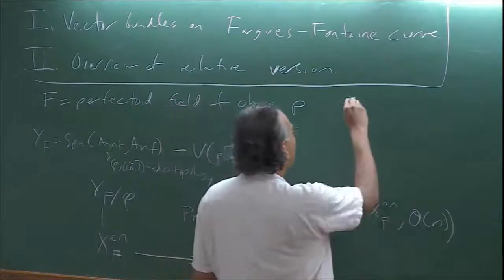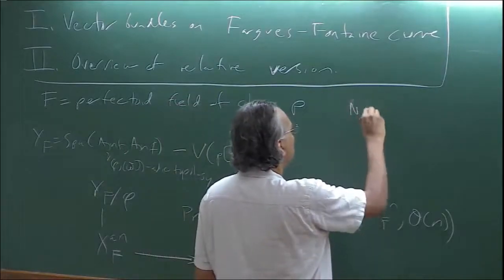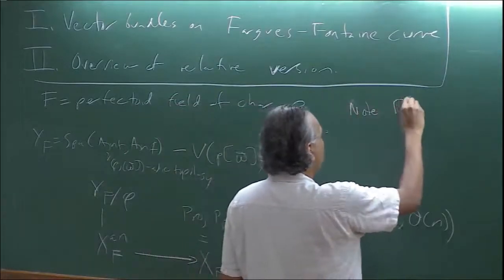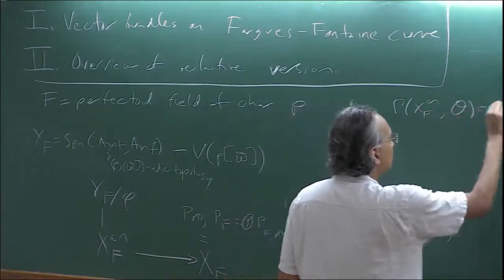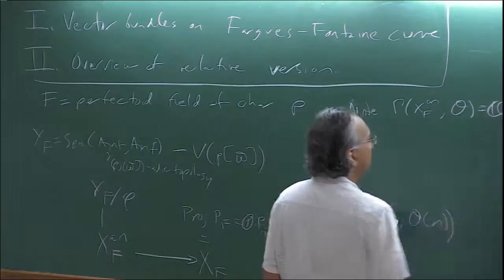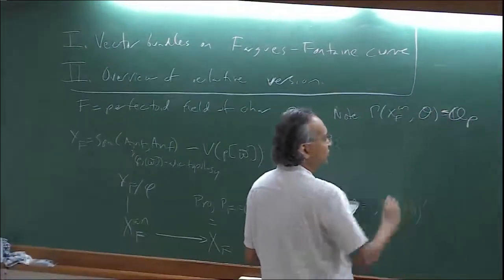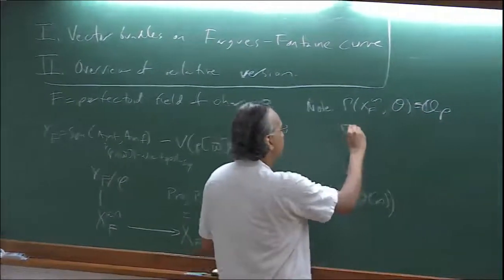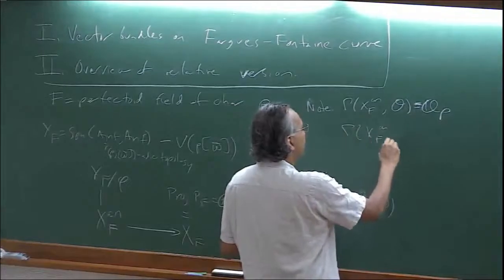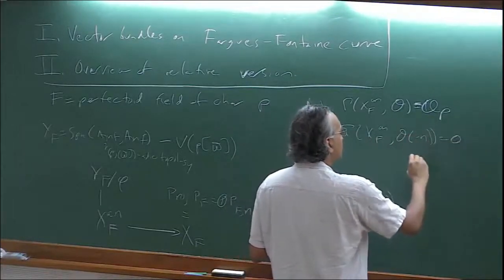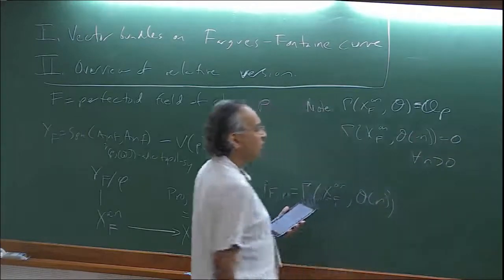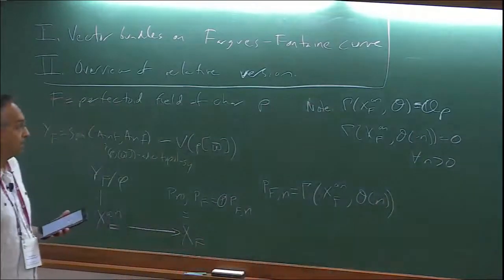I should mention, this will come up again in a moment, I should have said this earlier, that the global sections of the curve are just Q_p. And from that, it's easy to deduce that the sections of O(-n) are 0.